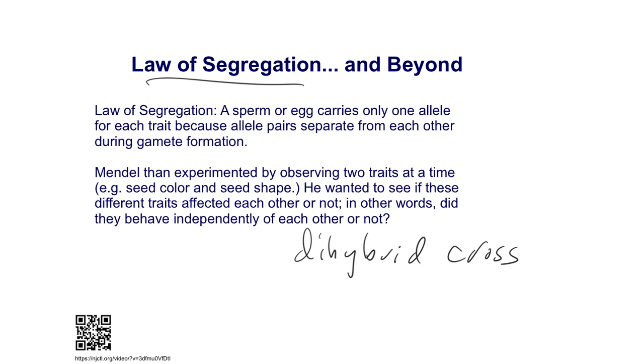If you had two plants that were crossed, but one had different color of flowers than the other and different color seeds than the other, with these two genes, he called them factors, would they work independently of each other, with the same Punnett square kind of thing, or would one affect the other and change the expected ratios?